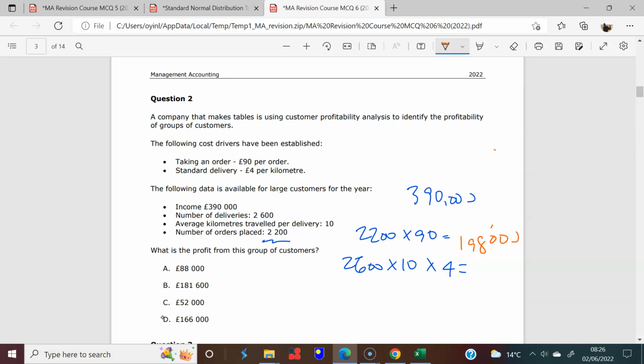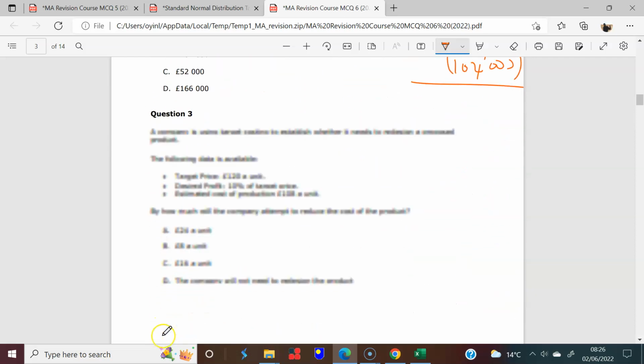And you also have 2,600 times 10 times 4, which is a cost of 104,000. So the profit, of course, will be the 390,000 minus the 198,000 minus the 104,000, which brings us to 88,000. That's question 2. So find the cost this way, and you're there.